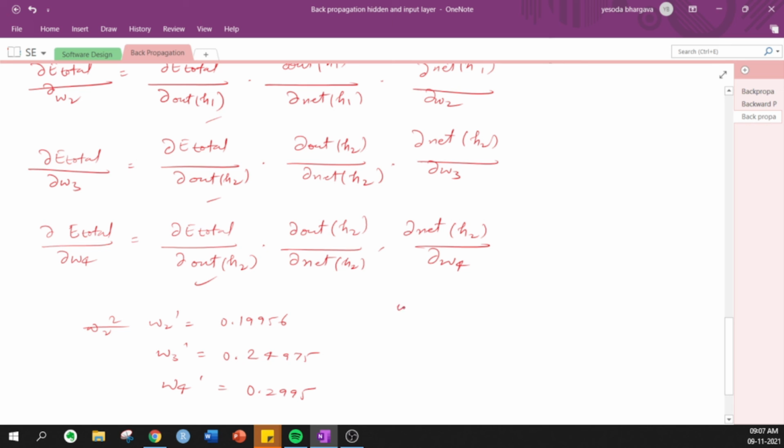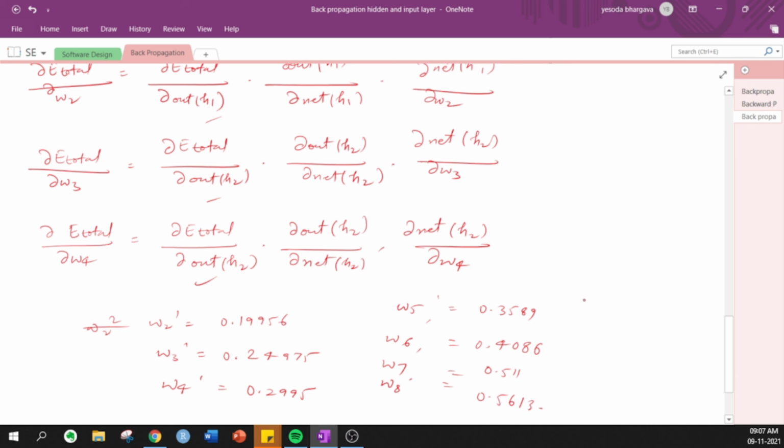Previously we had calculated these updated weights: 0.3589, 0.4086, 0.511 and 0.5613. So these are the updated weights in the first iteration.